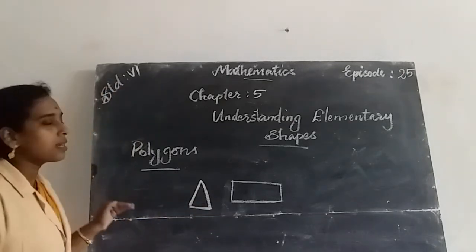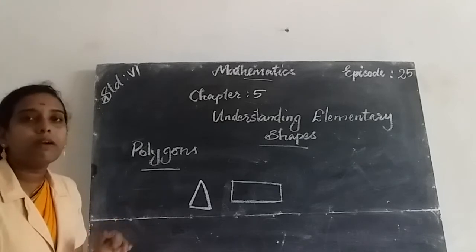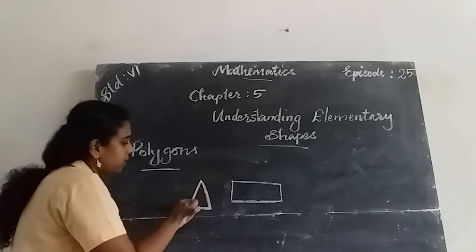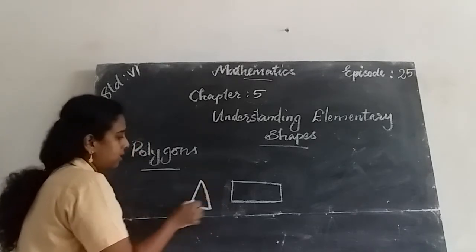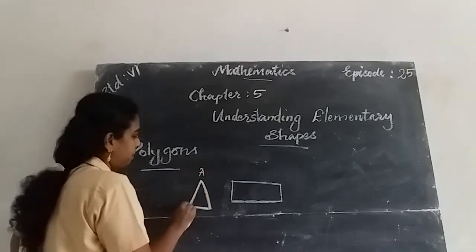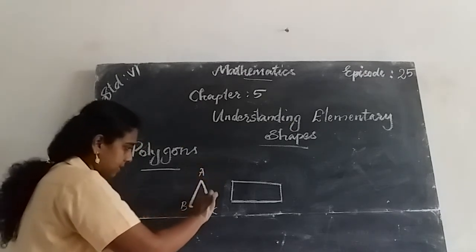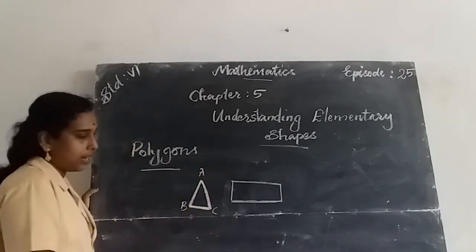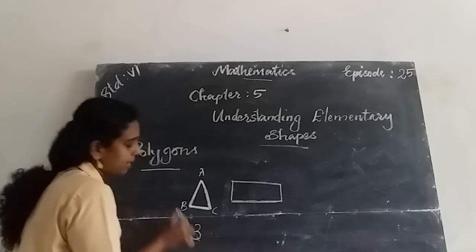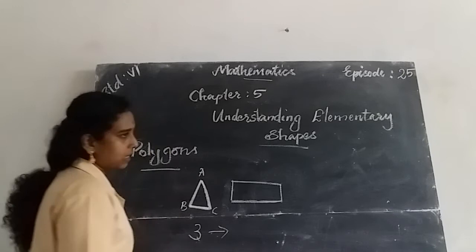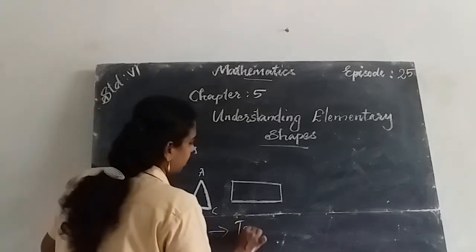And polygons are classified into different types according to their sides. Here this figure shows three sides, A, B, C: the first side, the second side and the third side. The polygon with three sides is called a triangle.